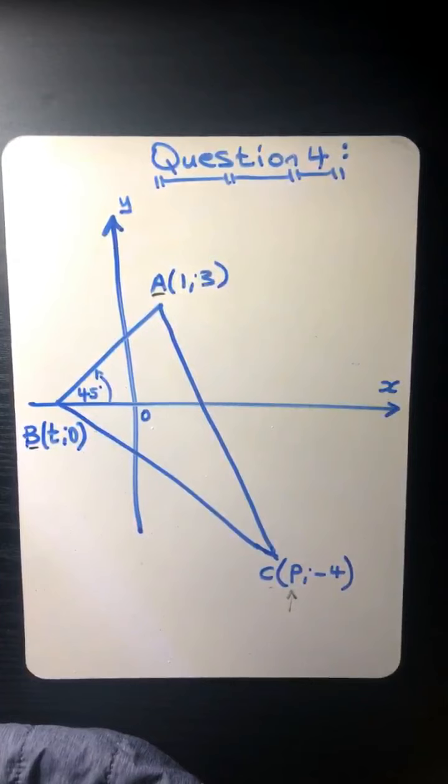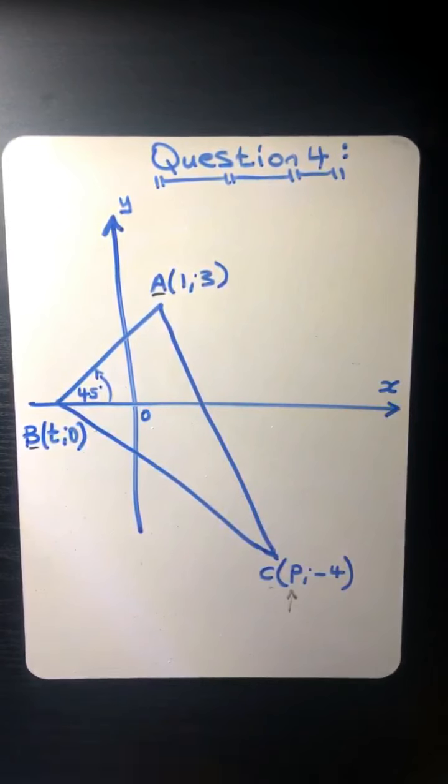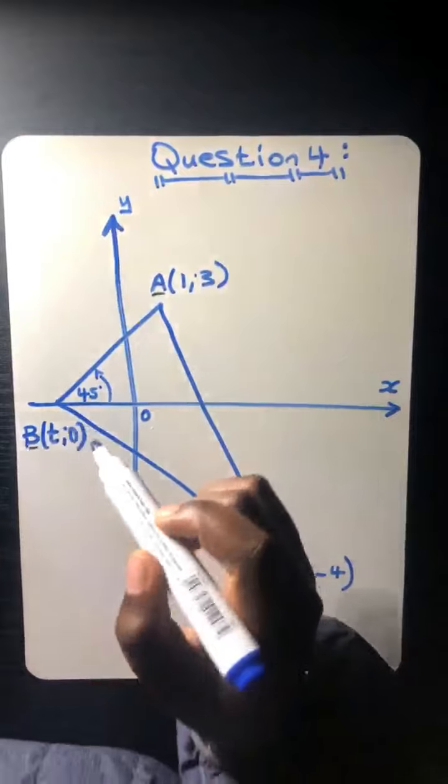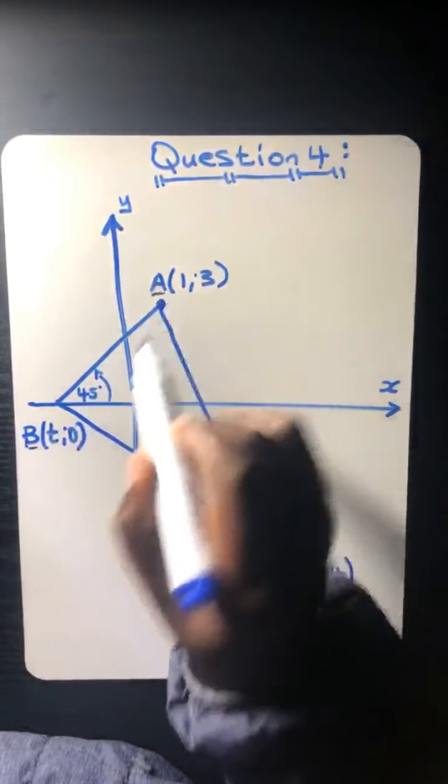So let's continue with the given statement. They say AB makes an angle of 45 degrees with the positive x-axis. So let's see, what are they talking about there? They are saying AB. Where's AB? There is line AB.